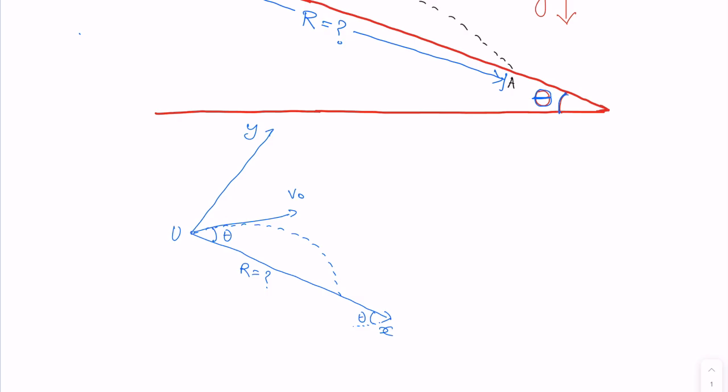Let's look at the acceleration vector first. So the acceleration vector is in the downward direction, g. This is the x-axis, and this is the negative y-axis. This angle is theta, so this angle is 90 minus theta, and hence this angle is theta.